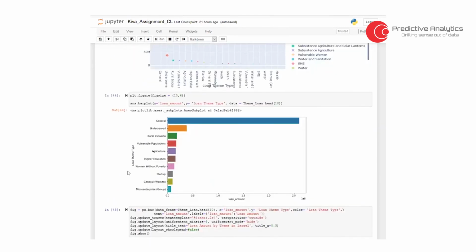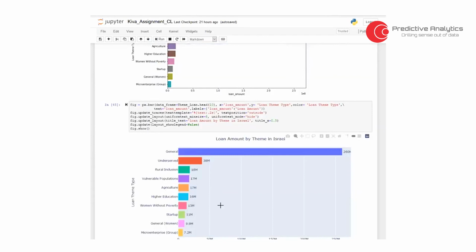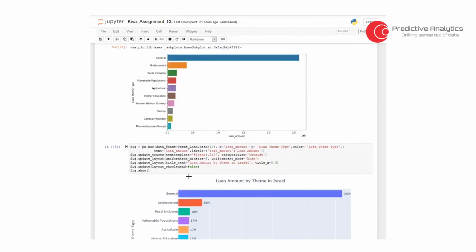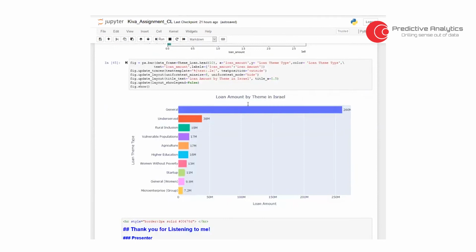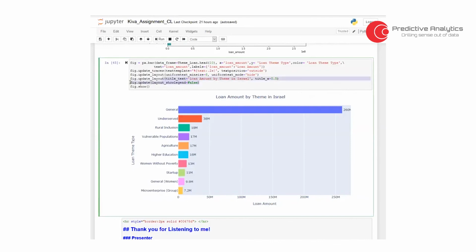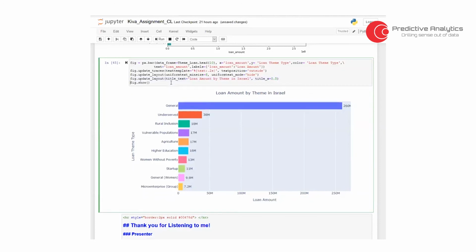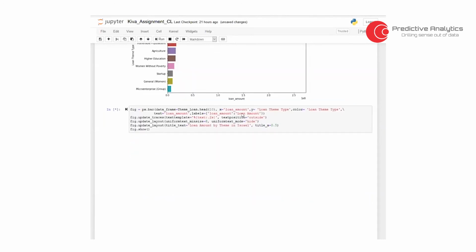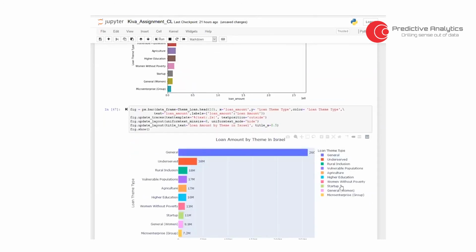Then I also decided to do a bar plot just to see how it appears, different from the one for Seaborn. Here I put something called legend false. Let me show you what I noticed. If I run this without it, the legend will still appear here.